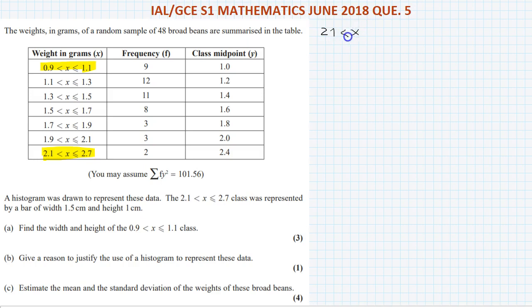X is greater than 2.1 and less than 2.7, and the frequency is 2, and the midpoint is 2.4.